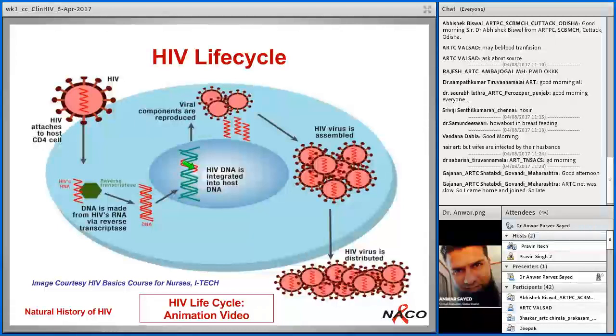Now this is integrated into human DNA by the second enzyme, called integrase. When cell activation happens, this information comes out in the form of messenger RNA, which gets translated to form the viral proteins. These viral proteins are in longer shapes and sizes, and are cut down to the appropriate size by the third enzyme, called protease.